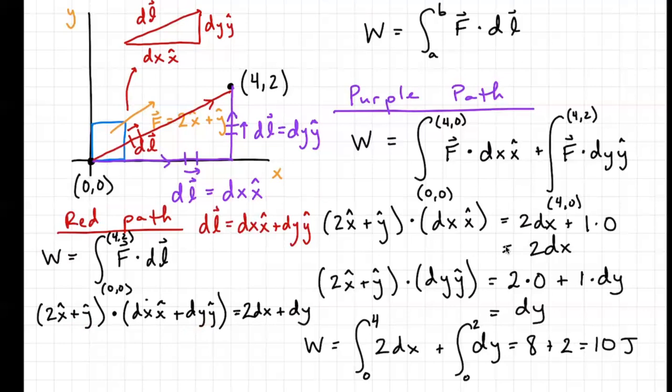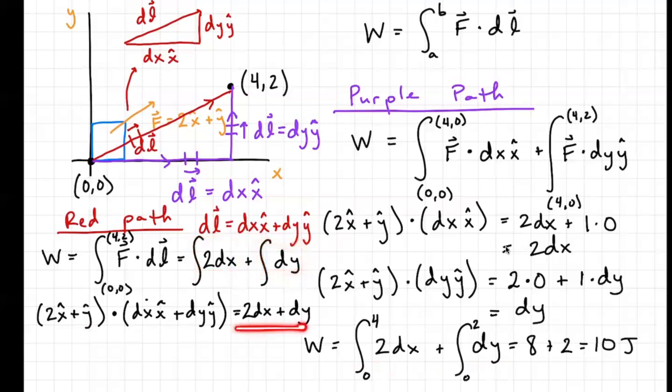And my integral, if I plug this back in here, becomes the integral of 2dx plus the integral of dy. And you'll notice that this now looks identical to what we had before. I've just taken the integral and split it into two parts, because it's easy to separate. This one is now an x integral. This one is now a y integral.